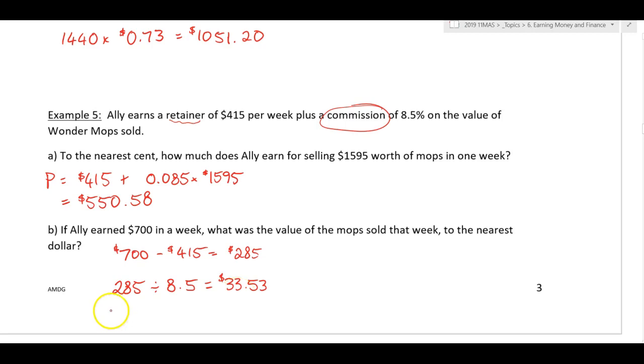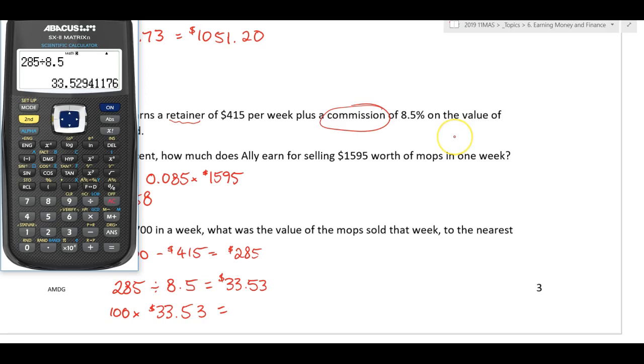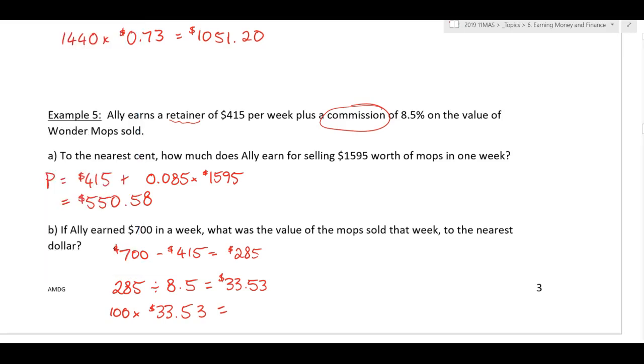Because I've rounded to 2 decimal places and I want the nearest dollar, it works out neatly, but times 100 it would be 33.5294, so the answer is $3,353 worth of sales. And a quick common sense check: yep, that's a bit more than the sales in that previous week. That makes sense.